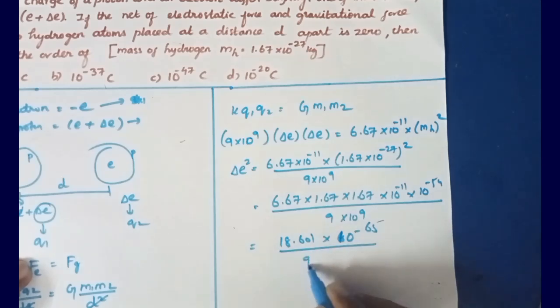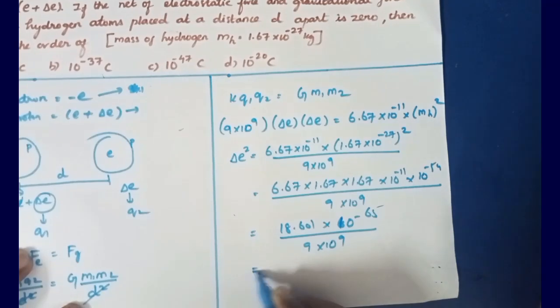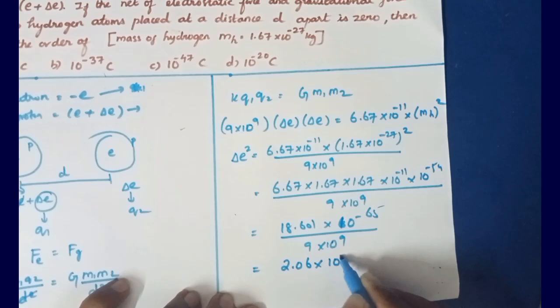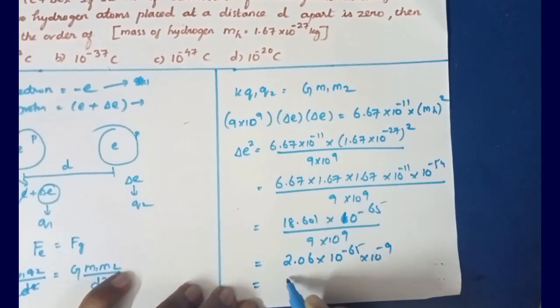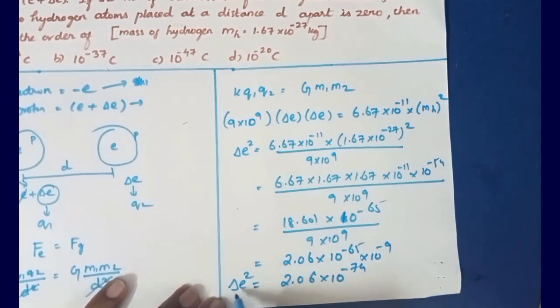Dividing by 9 gives 2.06 into 10 power minus 65, and taking 10 power 9 to the numerator it becomes 10 power minus 9. So we get approximately 2.06 into 10 power minus 74. This is del e square.